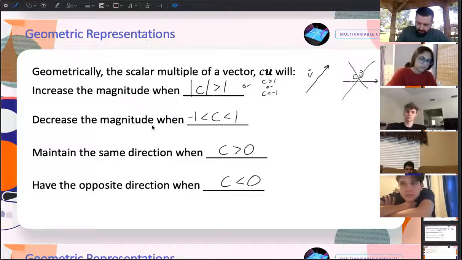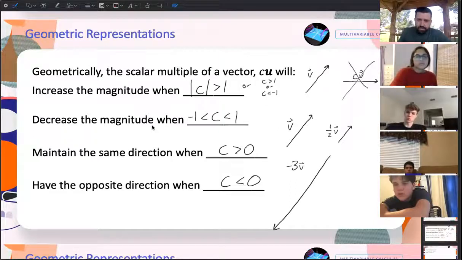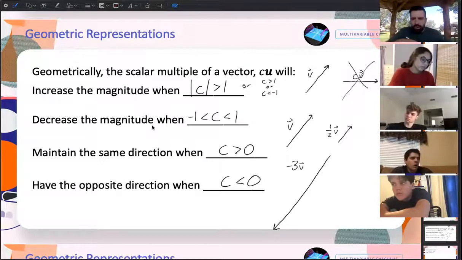Like if we have v, 1/2 v will go the same direction but be half the length. -3v will be 3 times as long and go the opposite direction. So you'll basically get a bunch of parallel vectors with different lengths. When you do scalar multiples, it won't all of a sudden make it go some totally weird direction.